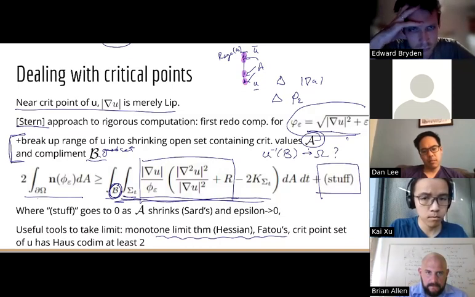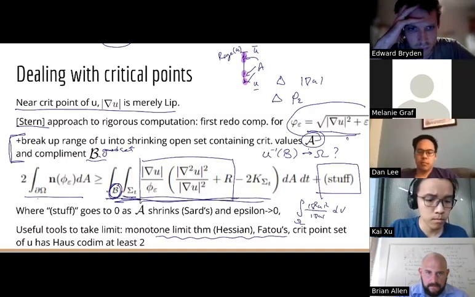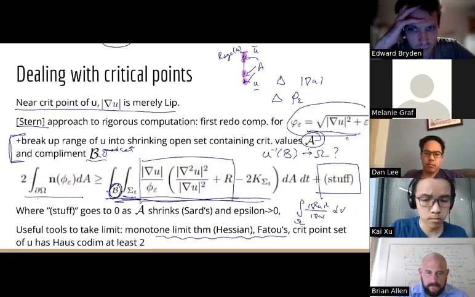So that's a subtlety that's not really addressed in the first papers, because in the full theorem you are writing Hessian of U squared over norm grad U over all of omega, not just some iterated integral like this.